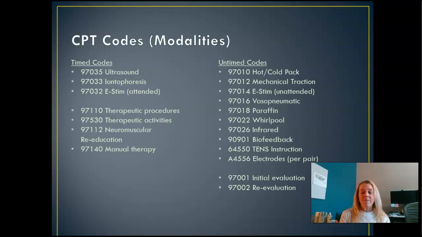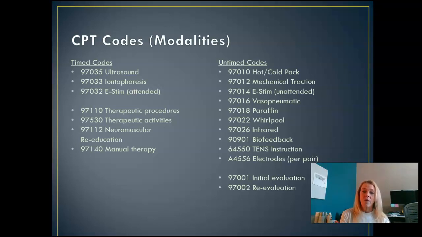So these are your timed versus your untimed codes. Timed codes are usually your more time-intensive codes. These are the codes where there's going to be one-on-one time spent between the therapist and the patient. So therefore, these codes usually reimburse a little bit higher. As far as modalities go, these would be things like ultrasound, Ionto, and attended eStim.